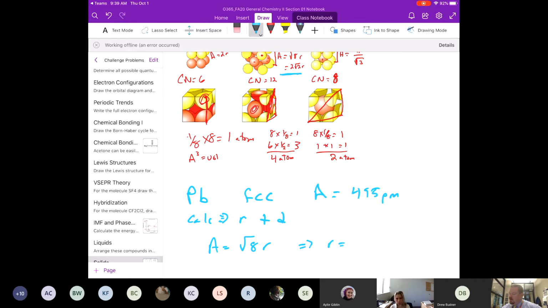So that means that R has got to be equal to A over the square root of 8, which is equal to, miracle of math, 175 picometers. And typically you're given this value and you actually have to go back to this one, but today I wanted to be a little nice to you, so we're going the other way. So the radius of the lead in this crystal structure is 175 picometers.